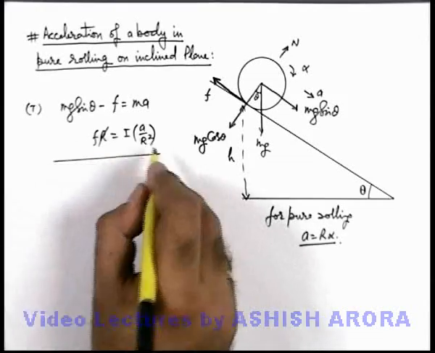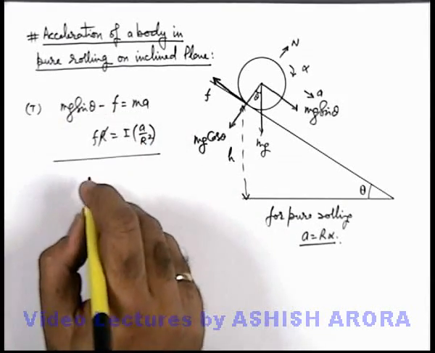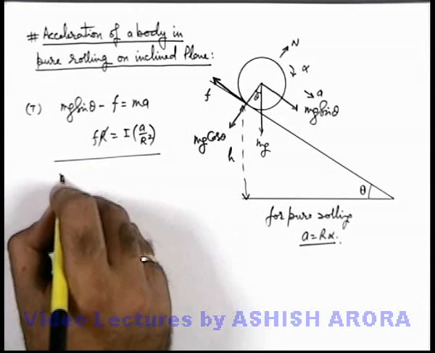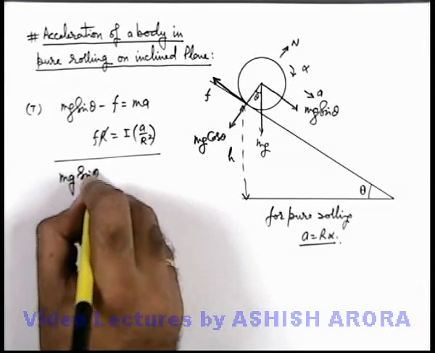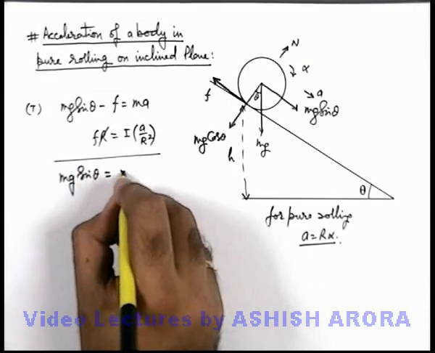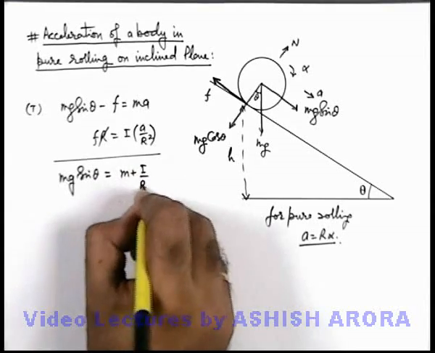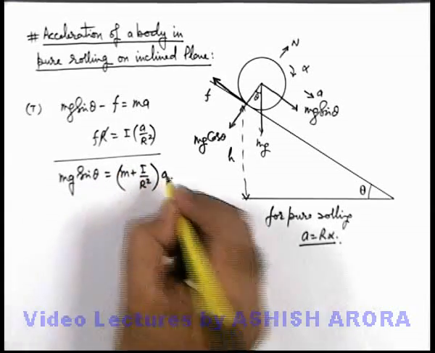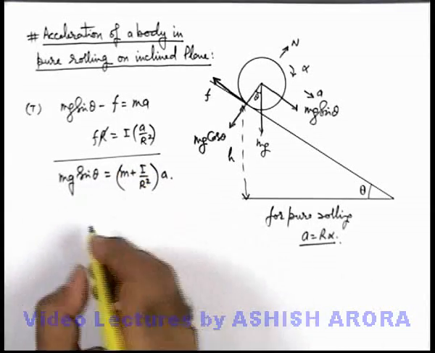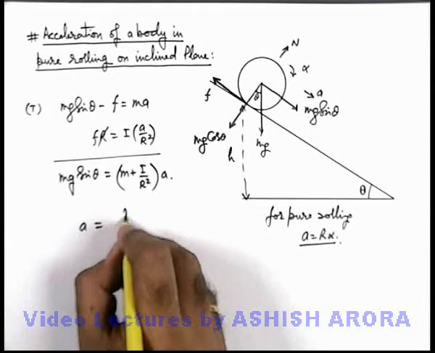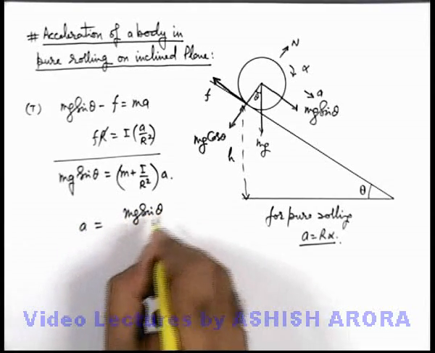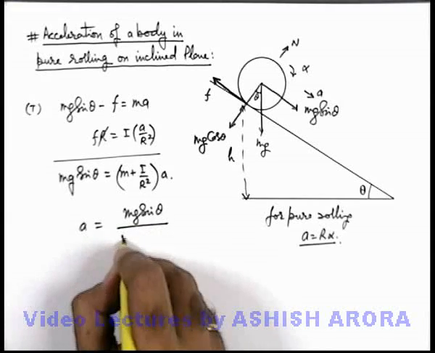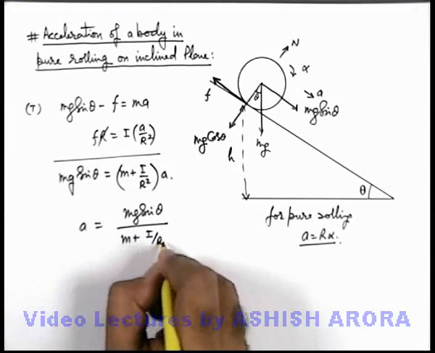Now if we add the two equations, this friction gets cancelled out, and the expression we get is mg sin theta equals m plus I by r square into a. This will give us the acceleration of the body as mg sin theta upon m plus I by r square.